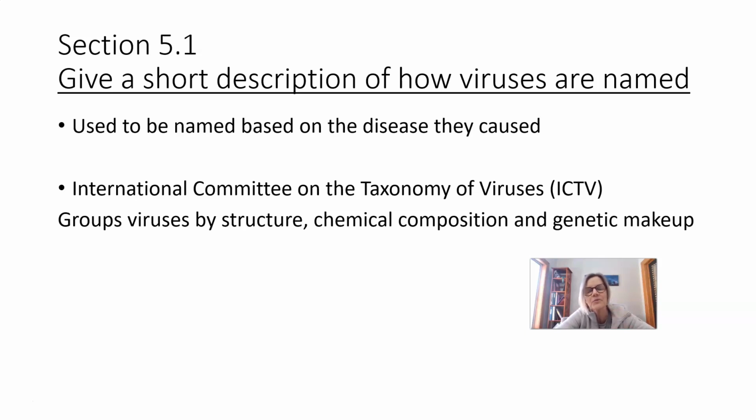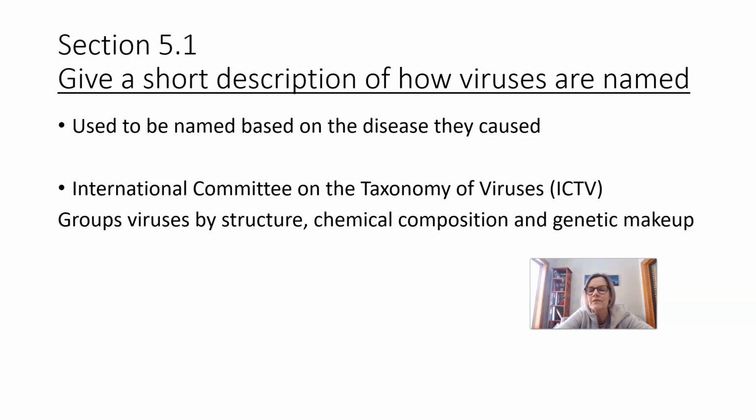Again, during the COVID pandemic, there was a lot of discussion about naming the virus and naming the variants. It was happening so quickly. I thought it was really interesting to see a variant name.